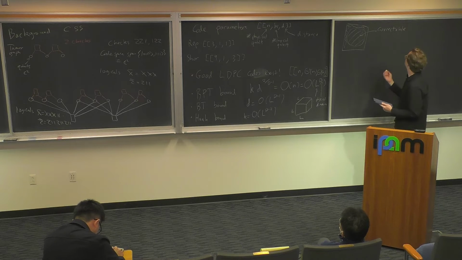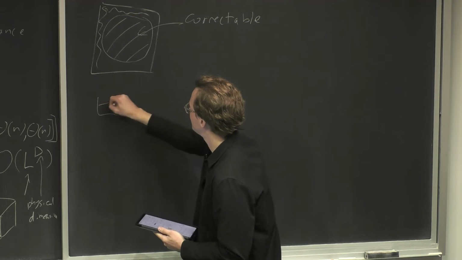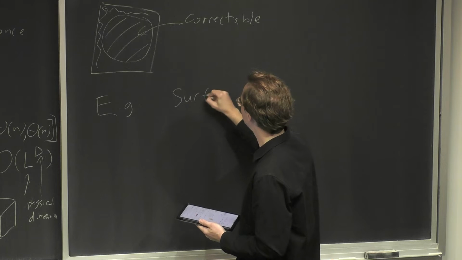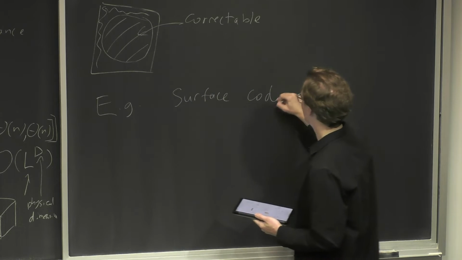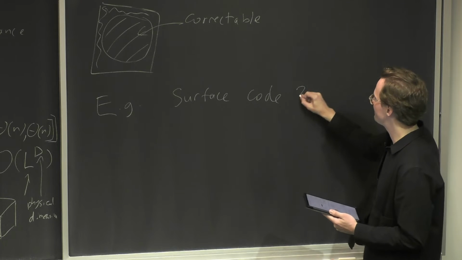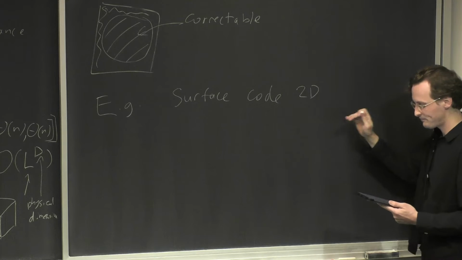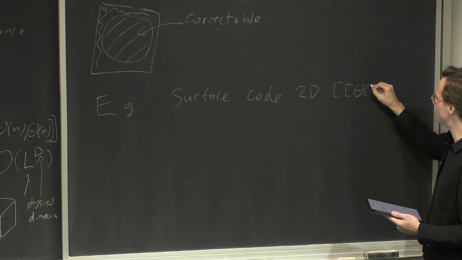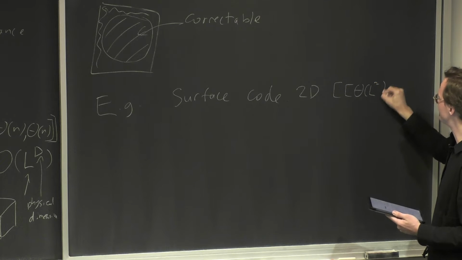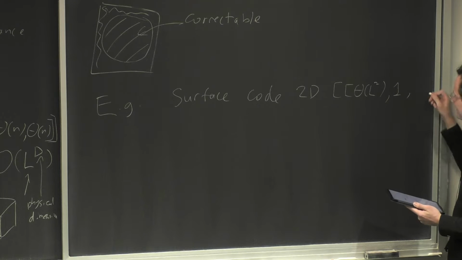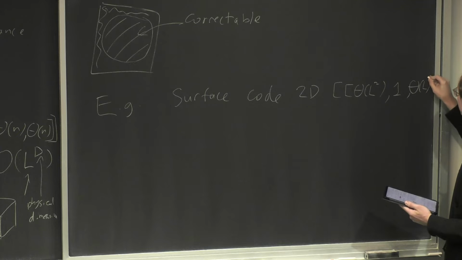Now some examples. So the first example is the surface code, which I'll introduce a little bit more carefully in a minute, but I'll just tell you the parameters. So in 2D, this kind of OG topological code actually already does the best you can possibly do, which is maybe one reason why it's still the best and most pursued approach.